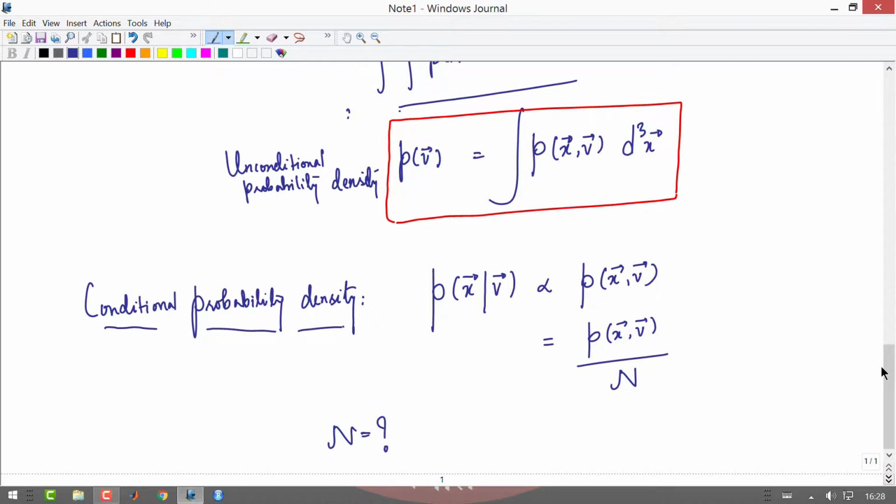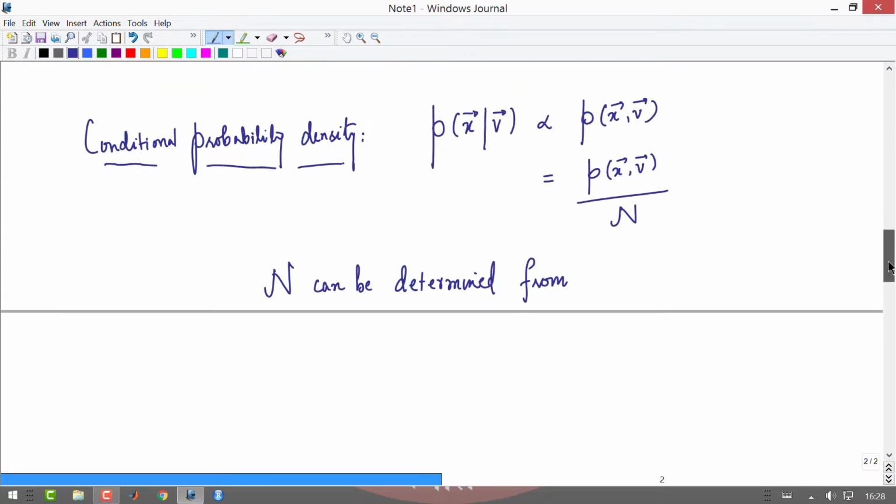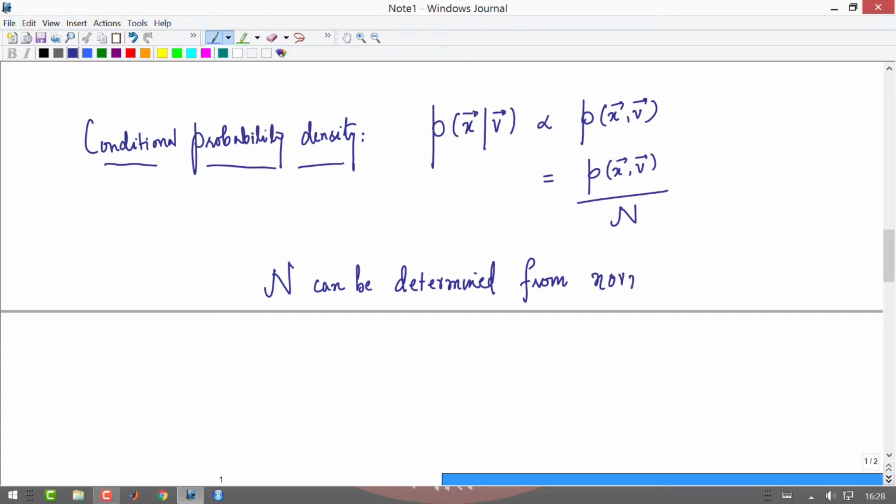So you integrate on both sides with respect to positions, and what you get is basically the definition for the norm from normalizing the conditional probability density.